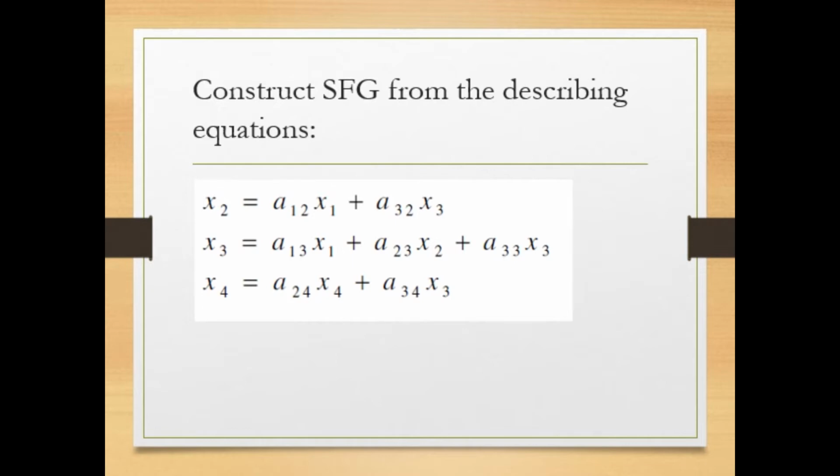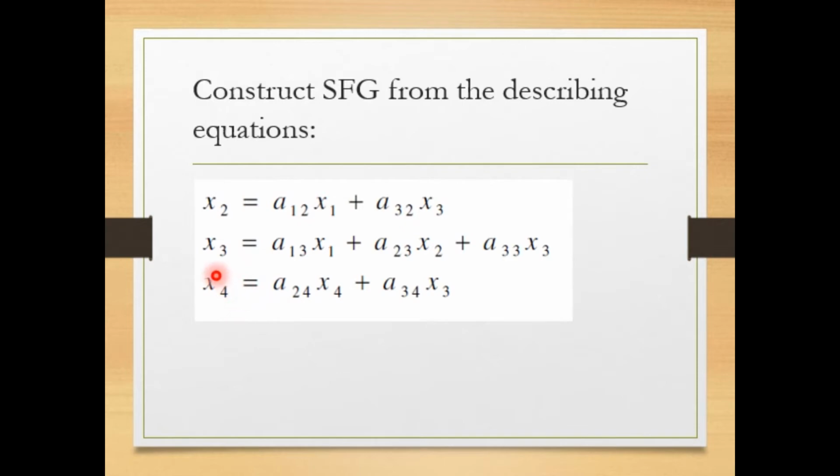So first, to construct the signal flow graph, as I have already explained in the theory, we need to determine the nodes. Nodes are nothing but the system variables. You can observe here we have four system variables, that is x1, x2, x3 and x4.